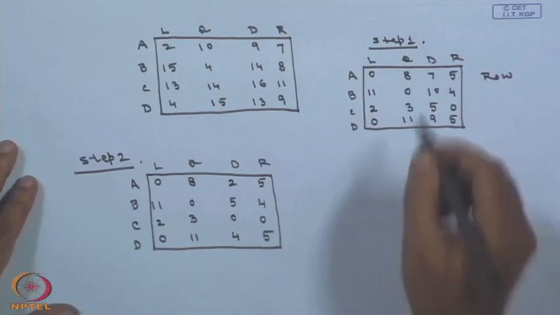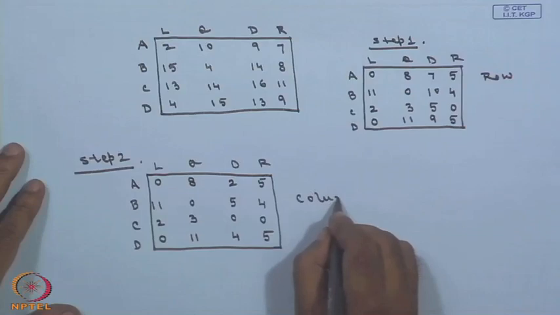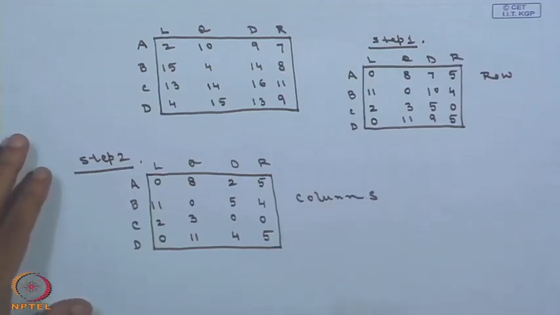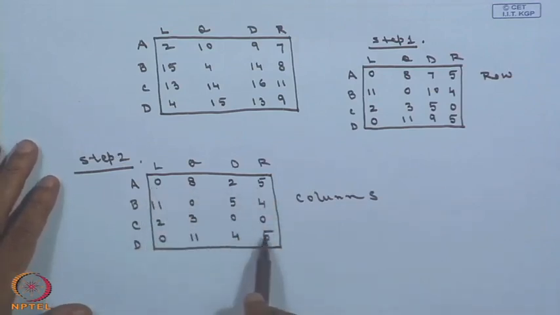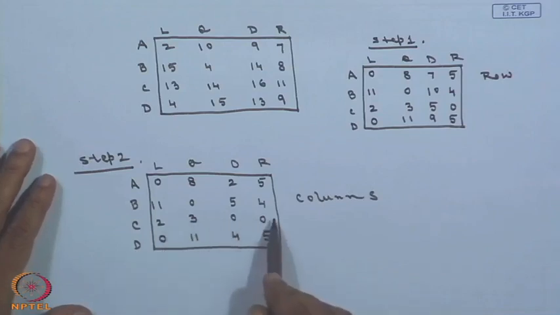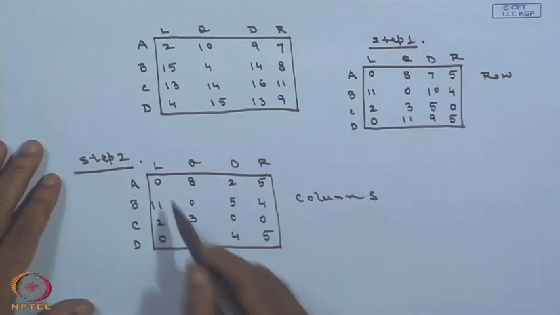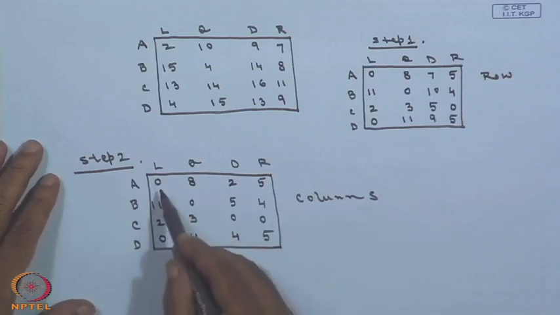So, this is step 1 and step 2. You have done it for all the columns. If you note, each row has at least one 0, just like the third row has more than one 0. Similarly, each column has at least one 0.